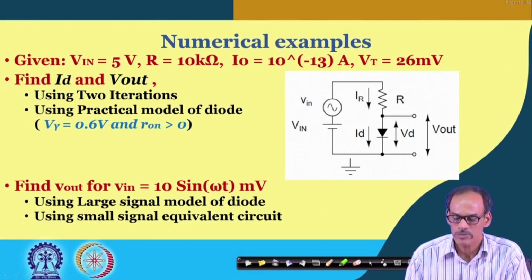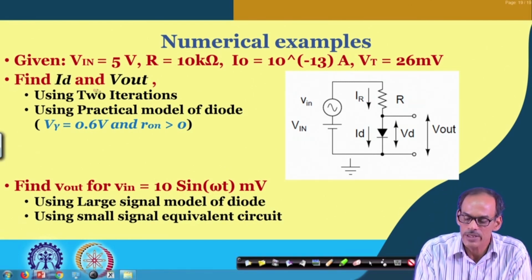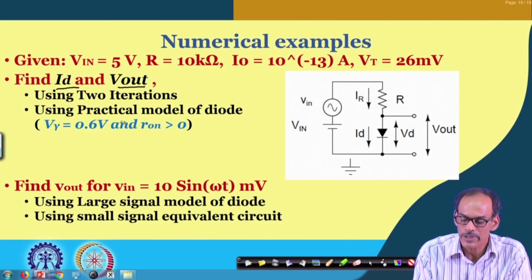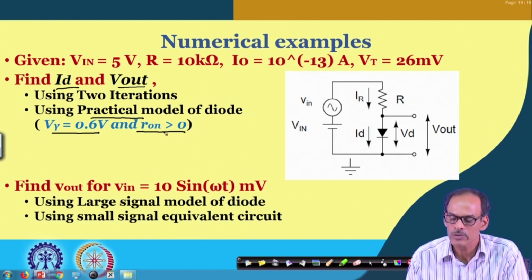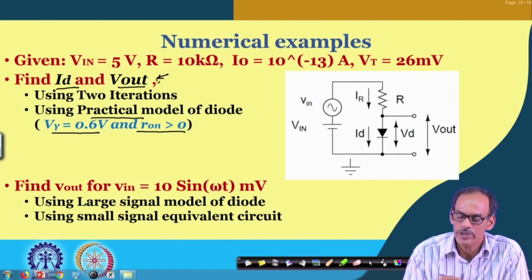You need to find this ID and V out by the iterative method we have already discussed, and also by the practical model method, considering V gamma equal to 0.6 volt. Probably you can calculate the value of R on, which is non-zero, and from that you can find the corresponding V out.